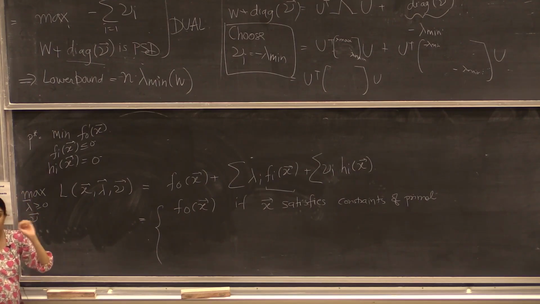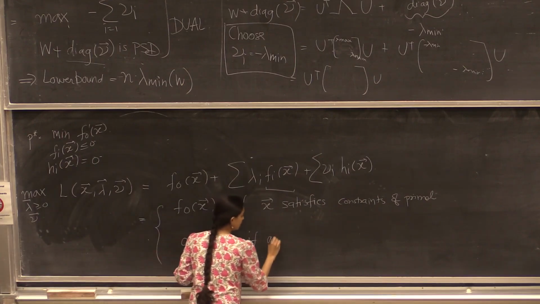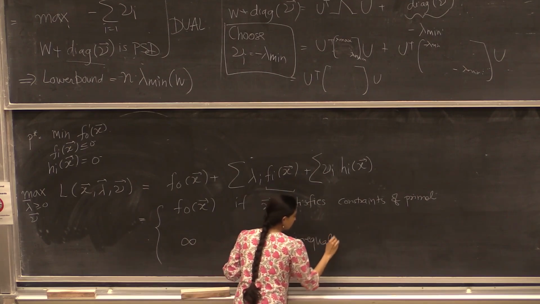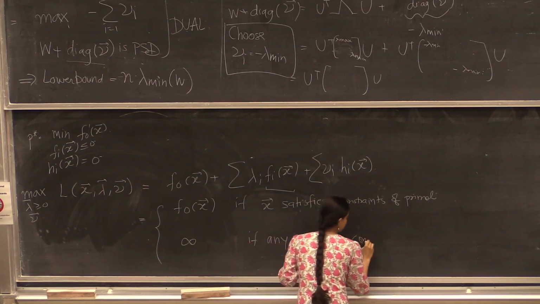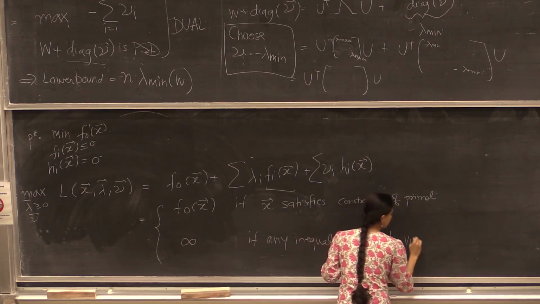If any of the inequality constraints are violated, what is the maximum I can drive this to? I can always drive this to infinity, if any inequality constraint is violated.